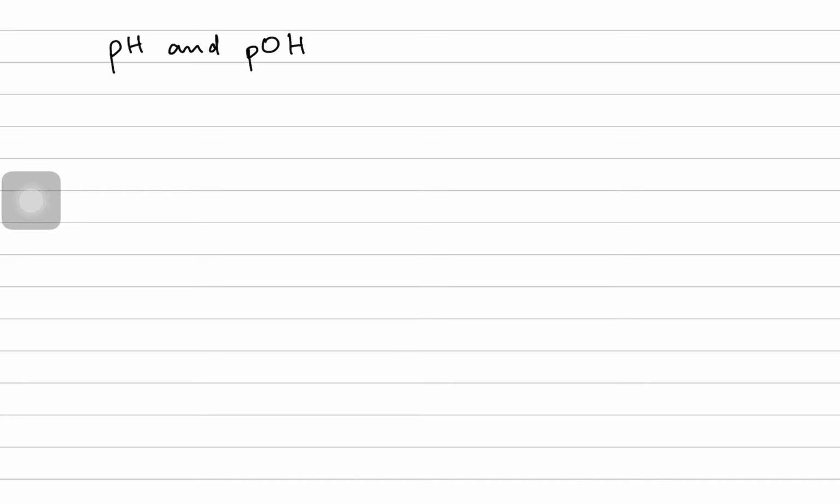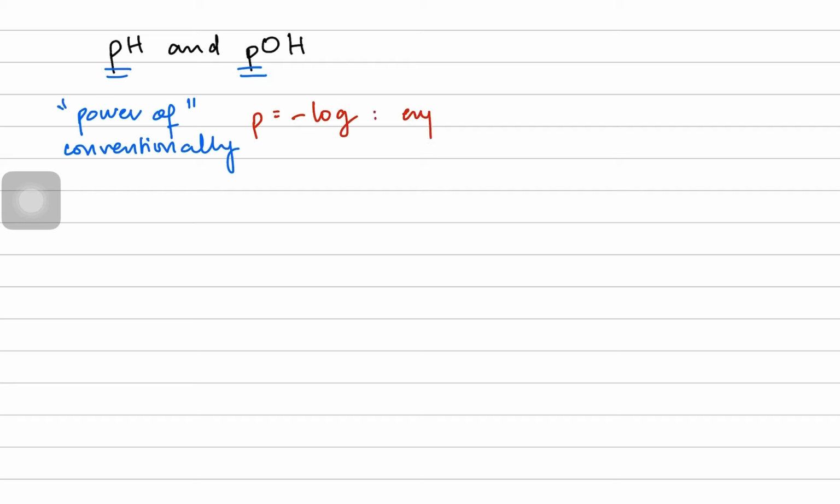Now this leads us to the question, what's pH and what's pOH? In this chapter you will see the small letter p a lot of times. Small letter p means power of. Conventionally it means power of. Mathematically, wherever you see small p, it means negative log. It could be negative log of anything.